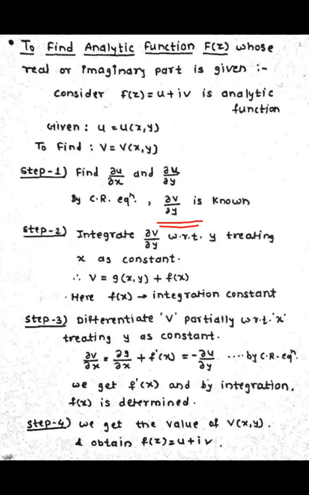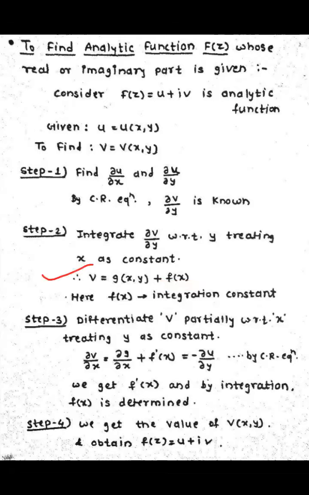After getting this derivative value, in the next step, take the integration of ∂v/∂y with respect to y, treating x as a constant. So we obtain v equal to g(x, y) plus f(x), where f(x) is to be treated as the integration constant.